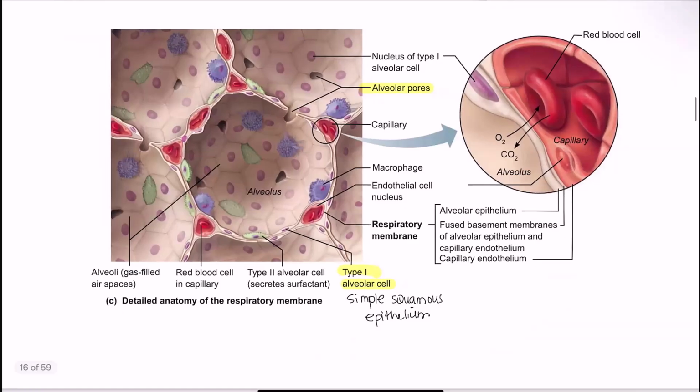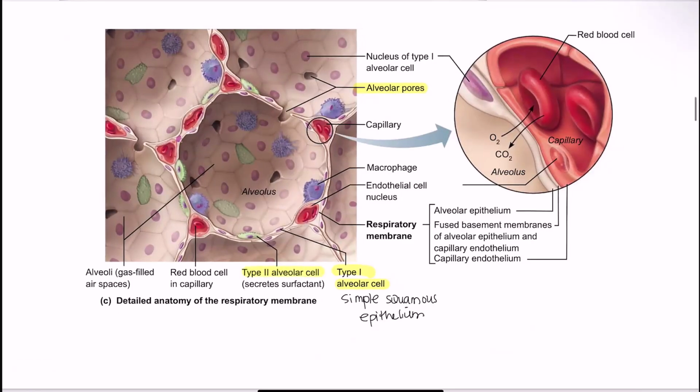We also have type 2 alveolar cells. Type 2 alveolar cells are not so continuous like the others. They're kind of just interspersed, right? Those little green ones, those are the type 2 alveolar cells. And they release a substance called surfactant.